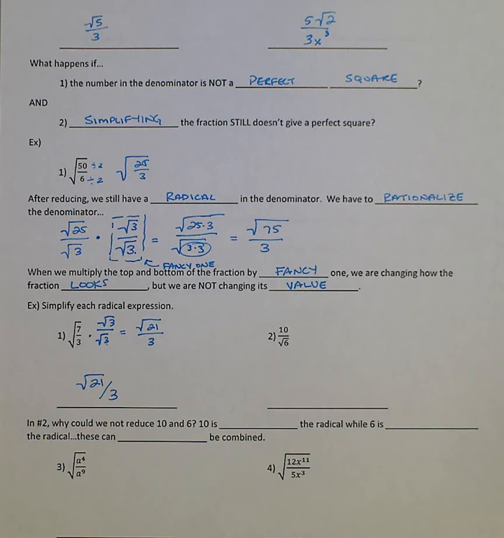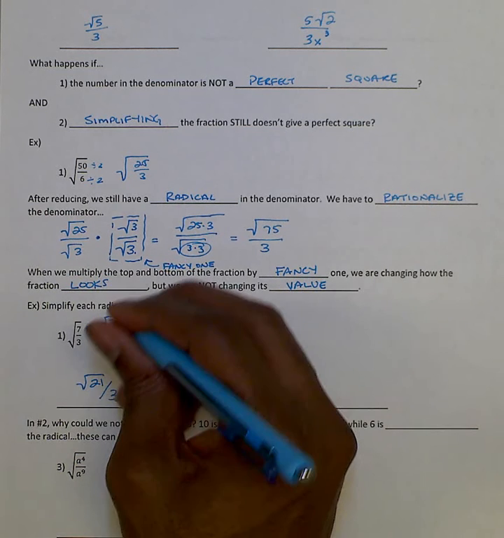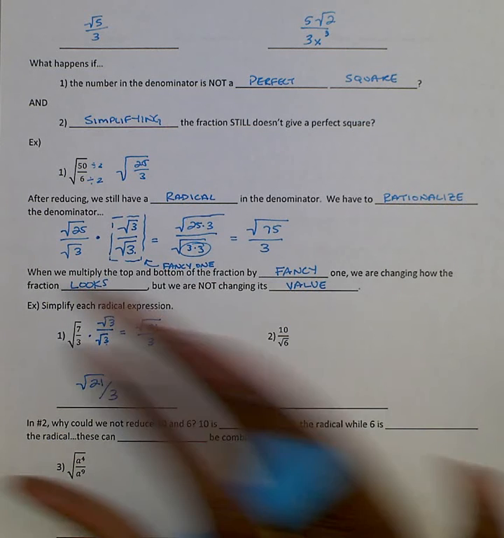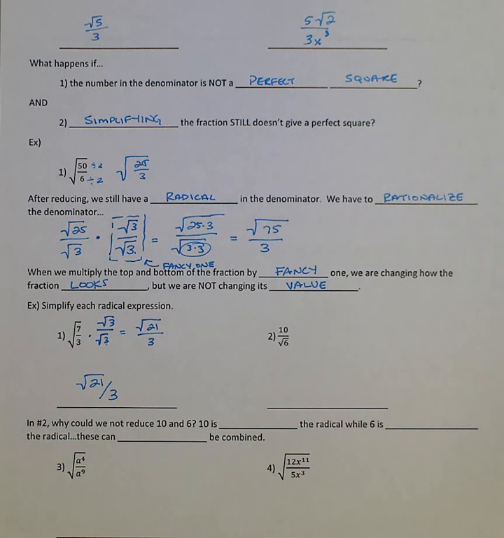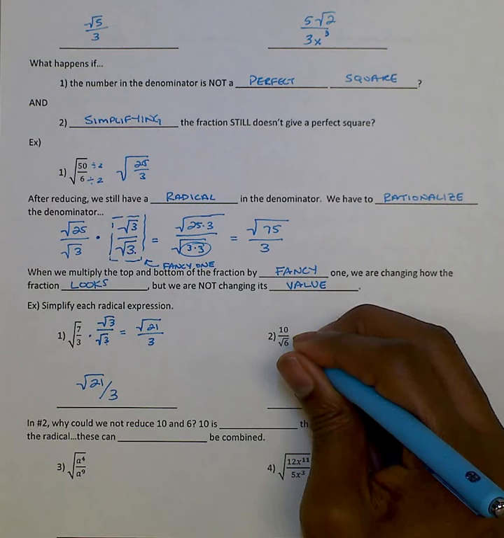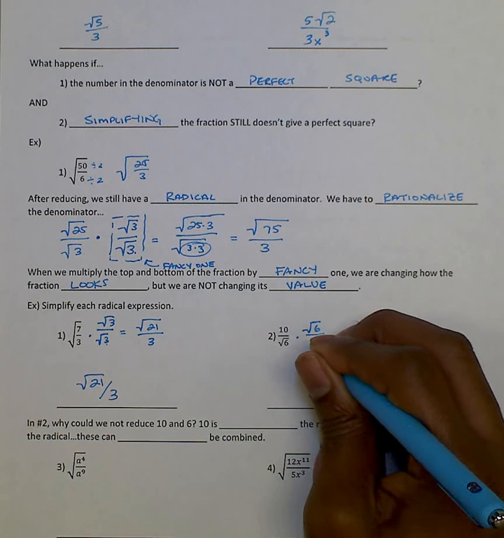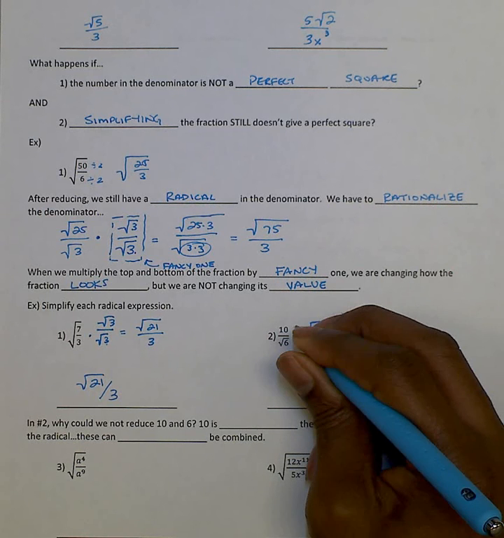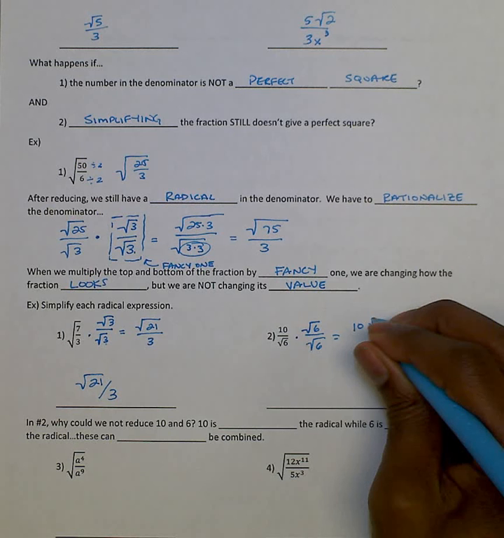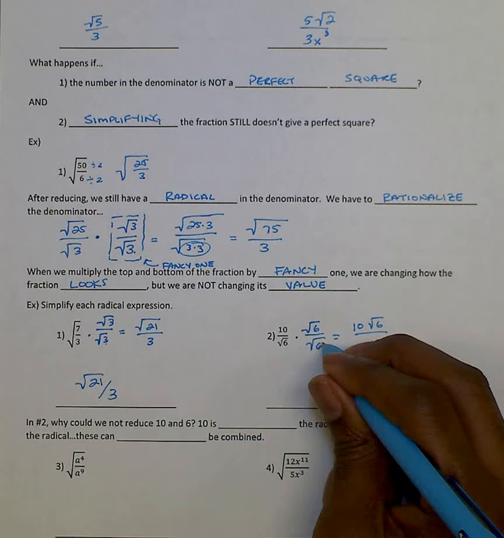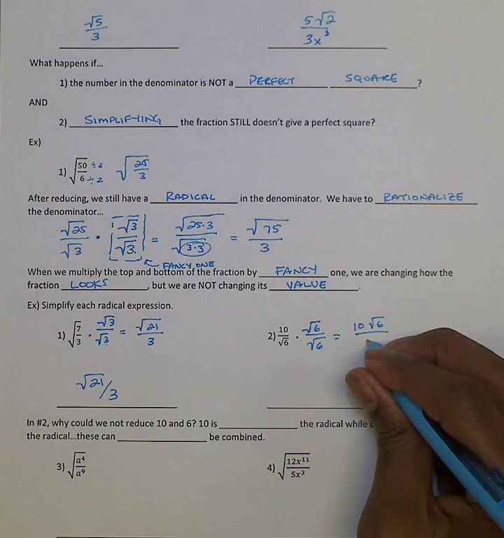Alright, number 2. Or sorry, no radical in the denominator, so we're good. We can stop. Number 2, we have 10 over radical 6. Radical in the denominator, we need to rationalize this fraction. 10 times radical 6 over radical 6 times radical 6 gives us just 6.